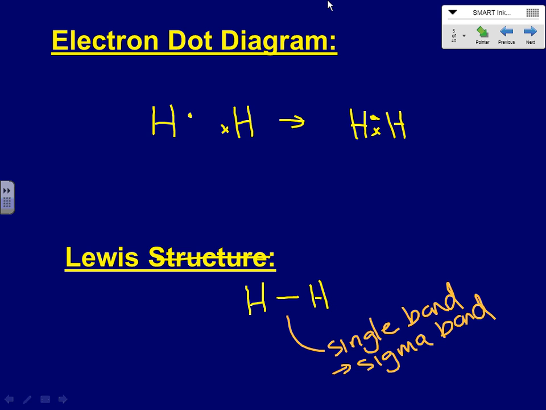I think the reason they use the term sigma is because the first ideas they had with this typically had s orbitals overlapping. The Greek for S is sigma, so it represents the simplest overlap that you can have between two spherical orbitals. But we now know we can have sigma bonds between p orbitals as well, and we'll see that in a moment.